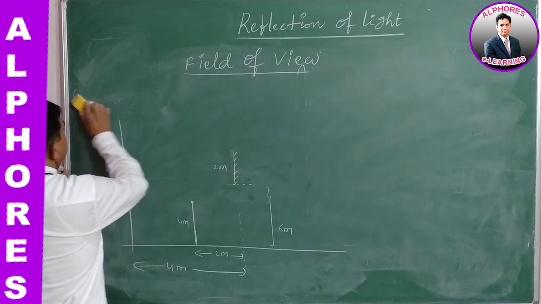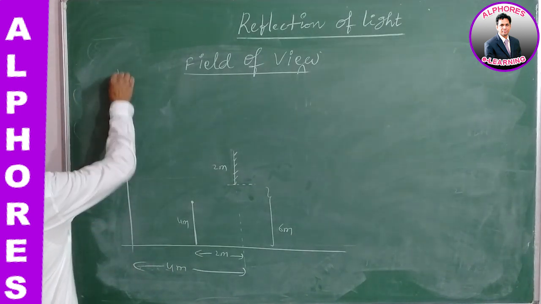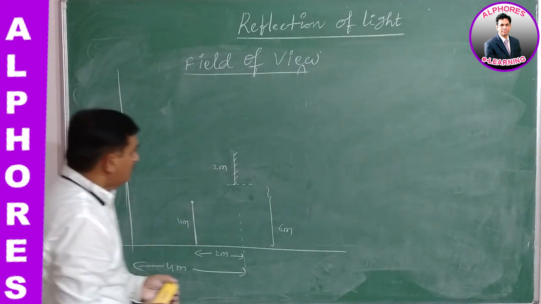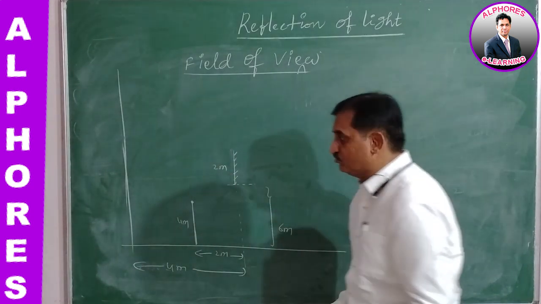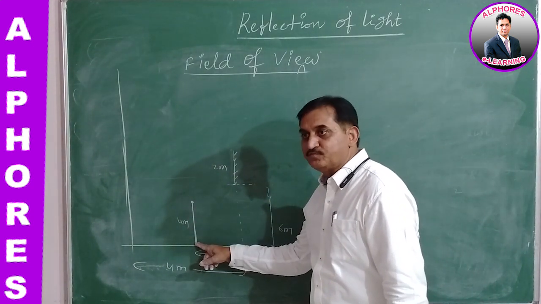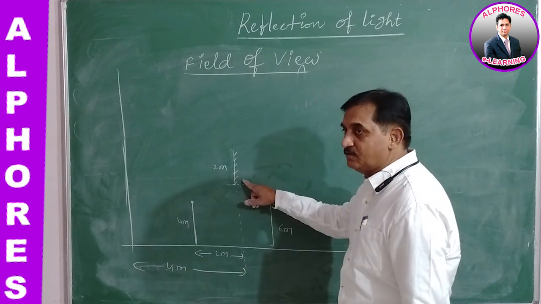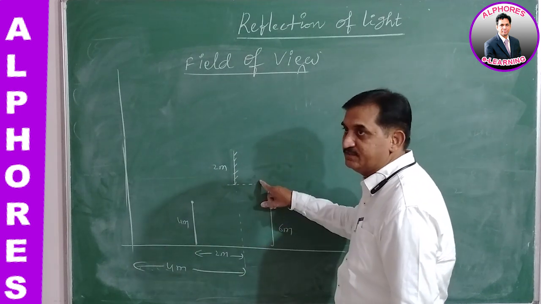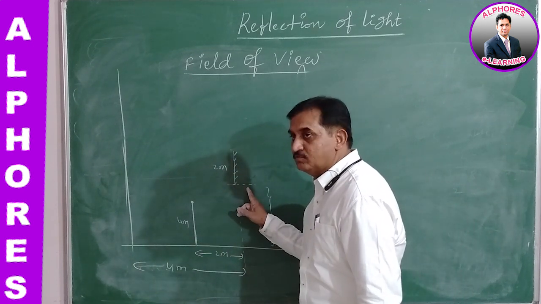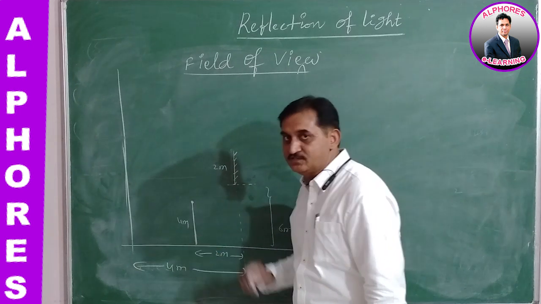So I repeat this point once again. Listen very clearly. There is a plane mirror of length 2 meters and a pole of length 4 meters. The plane mirror's lower edge is at a height of 6 meters from the ground, and the pole is kept parallel to the mirror at a distance of 2 meters.